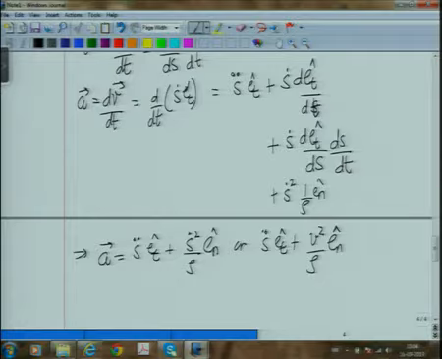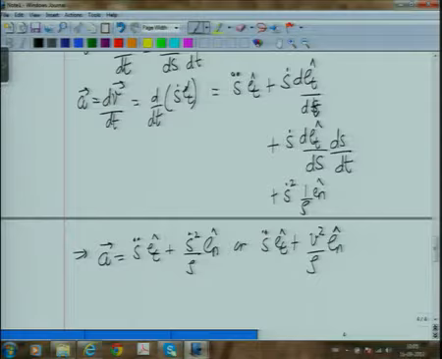But in addition to that, even if the speed is not changing, we have a component of acceleration which is normal to the path, equal to the speed square divided by rho, where rho is the radius of curvature, along E n. So, it is pointed towards the center of curvature of the path, and its magnitude is v square upon rho. So, even if v is constant, we will have this term.